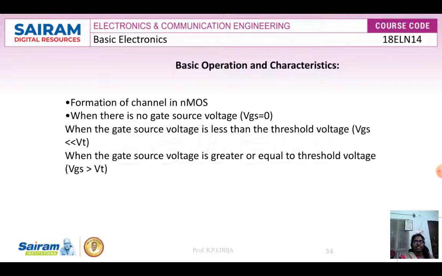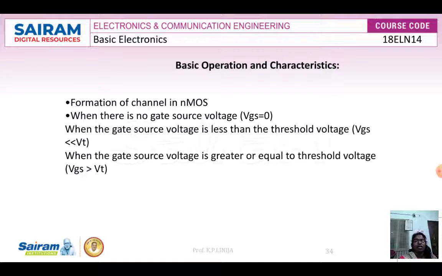The second condition is when VGS is much less than the threshold voltage. The majority carriers in the P substrate get repelled by the positive voltage, so the depletion region at the gate will be erased.